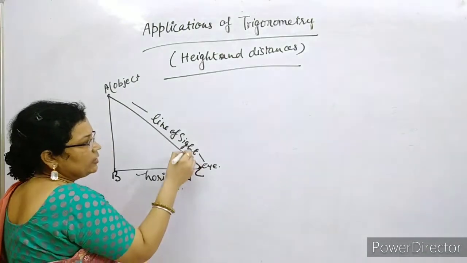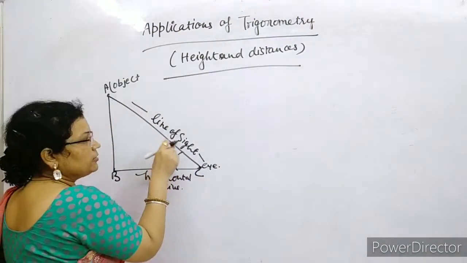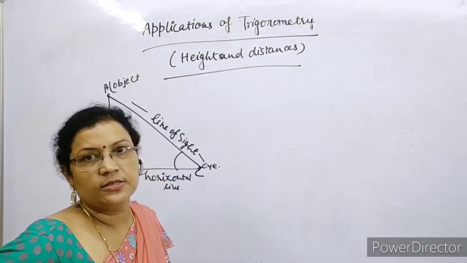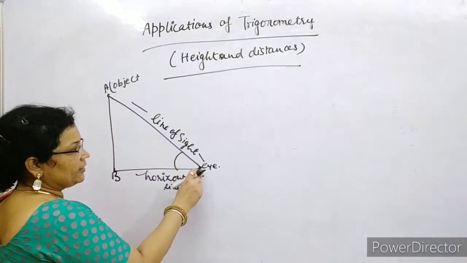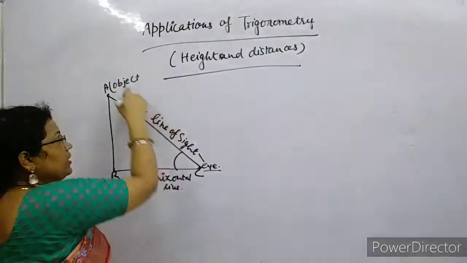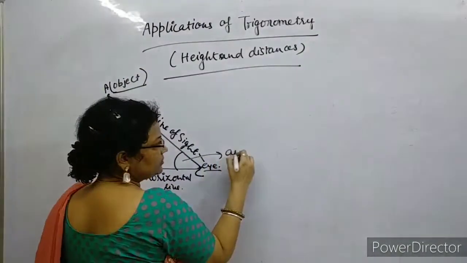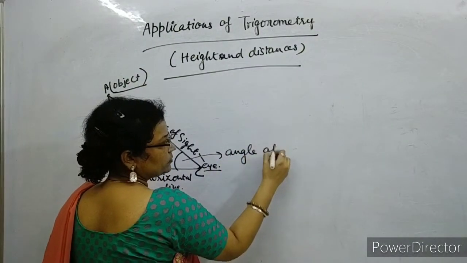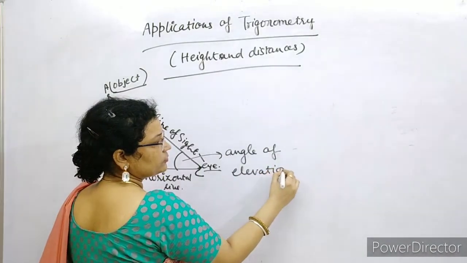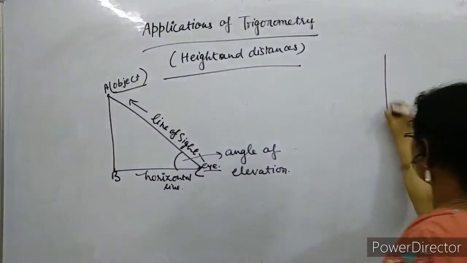The angle is always formed between the line of sight and this horizontal line, wherever our eye is. When our line of sight is going upward and the object is at a raised position, this angle is known as the angle of elevation.